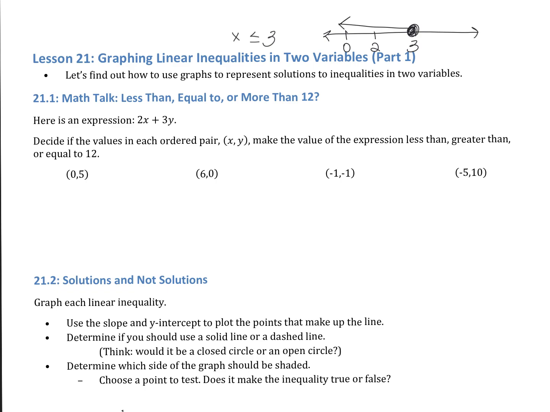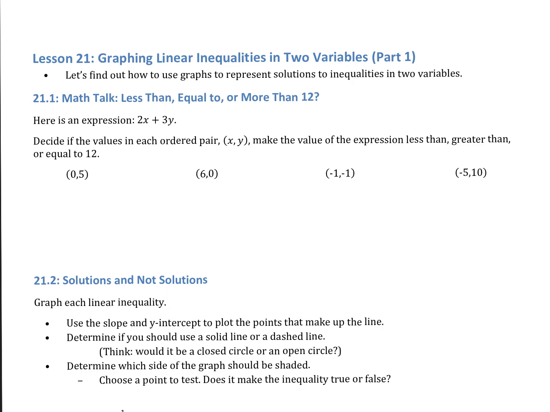When we're graphing an inequality in two variables, it will be something more like we have a whole line on our graph, and we're talking about whether our inequality is greater than that line or less than that line.